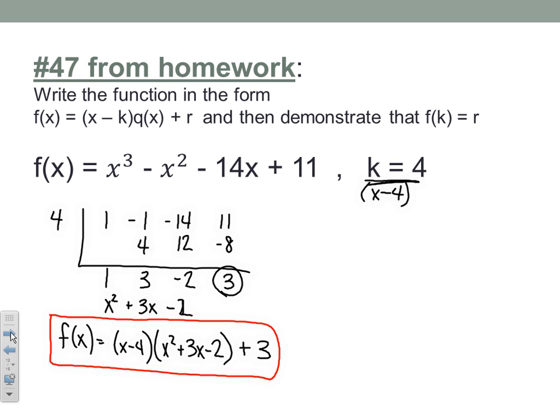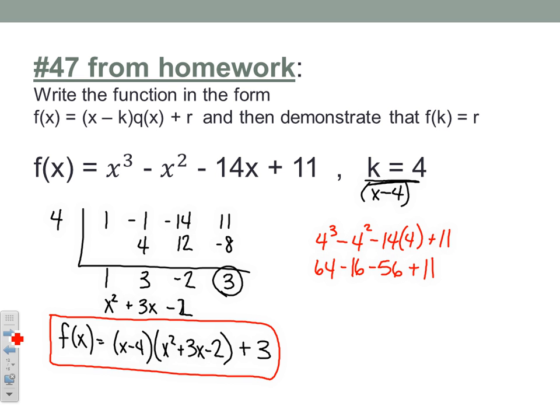Okay? Then it says demonstrate that f of k actually equals r. All right, so let's plug in k equals 4 to our function. So 4 cubed is 64, minus 4 squared. 14 times 4 is 56.